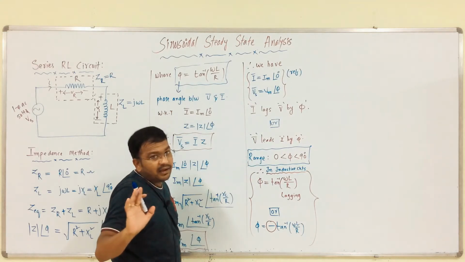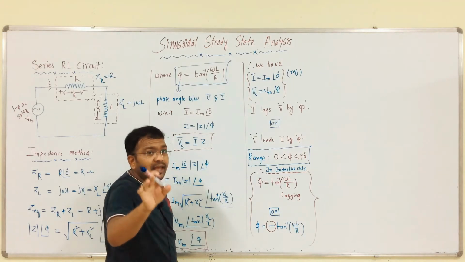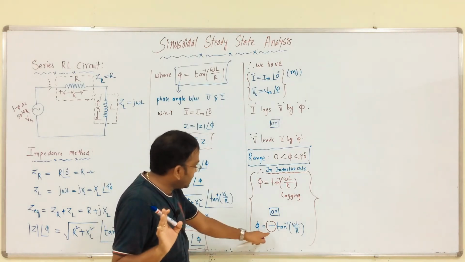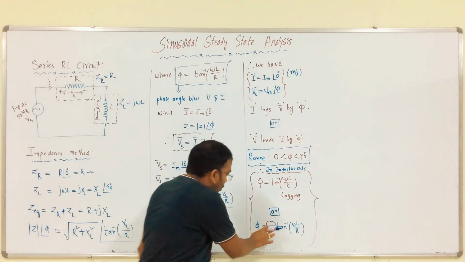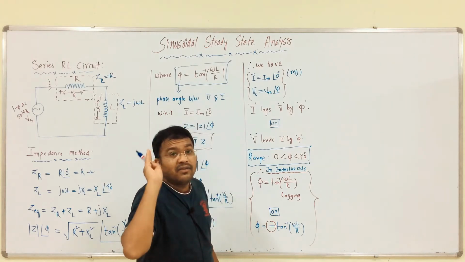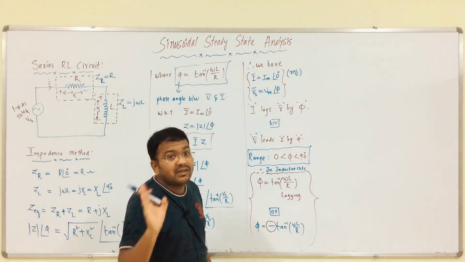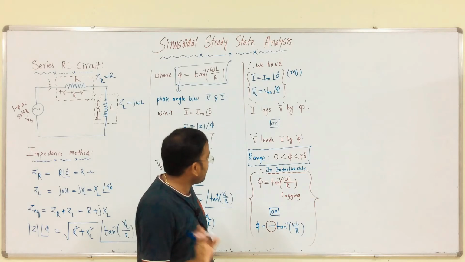Lagging, right? Negative phi means lagging, plus phi leading. Clear? We can represent it like this or like this. This plus or minus represents the phase angle only, not the magnitude, okay.